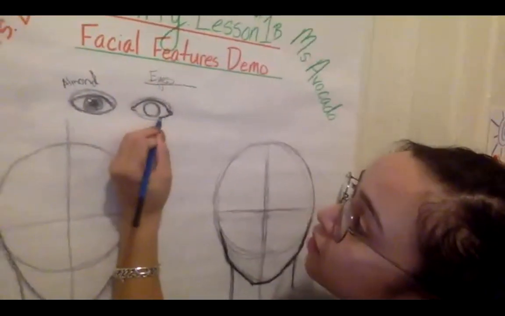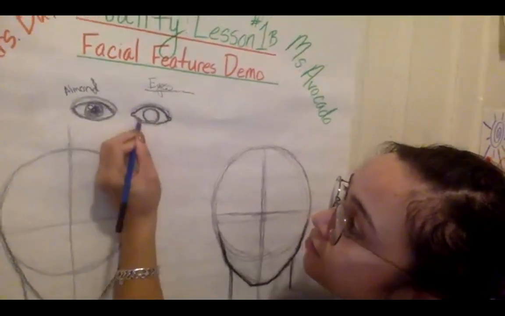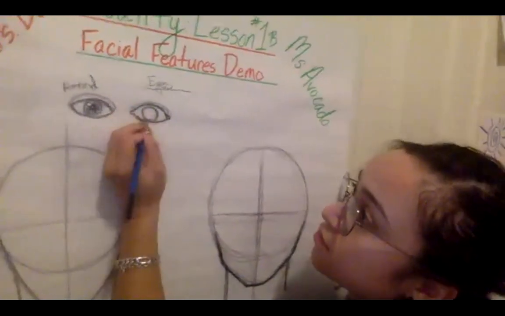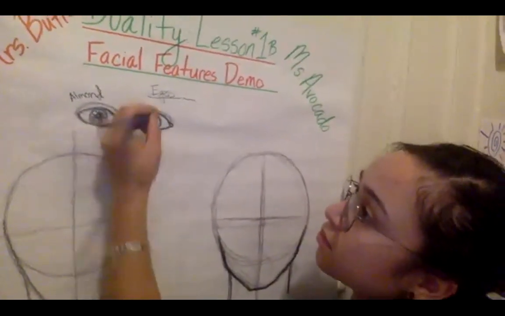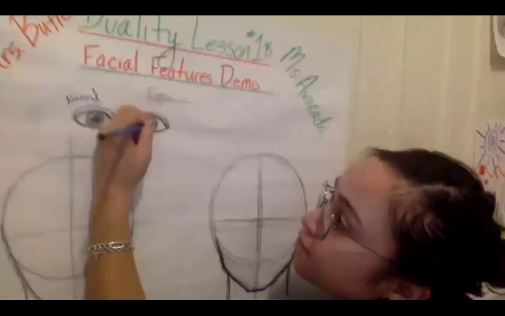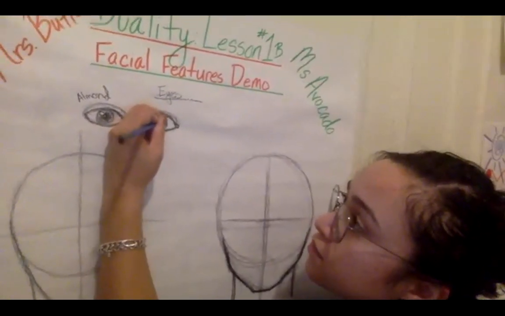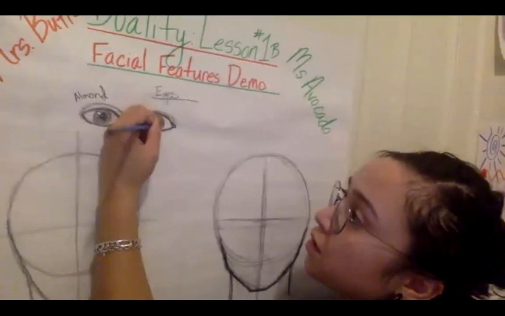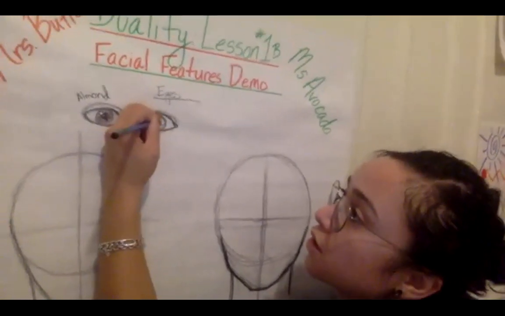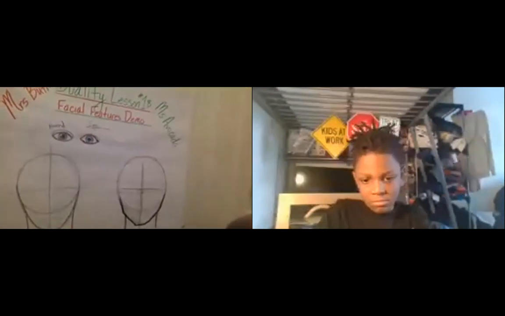And then after that, we go like this. And then the same thing: pupil, reflective light, the rays that make your eye color.